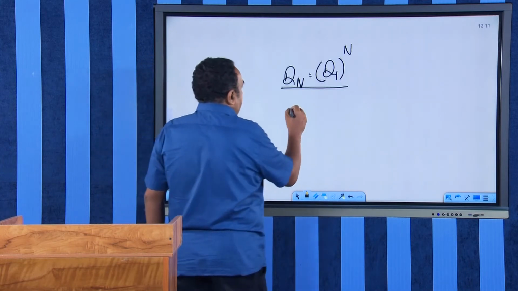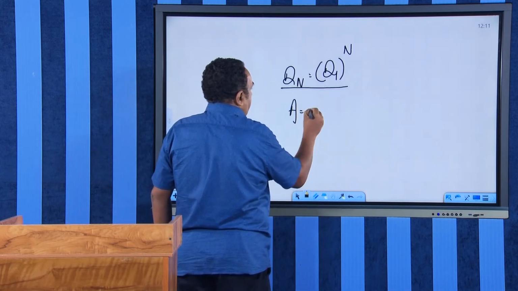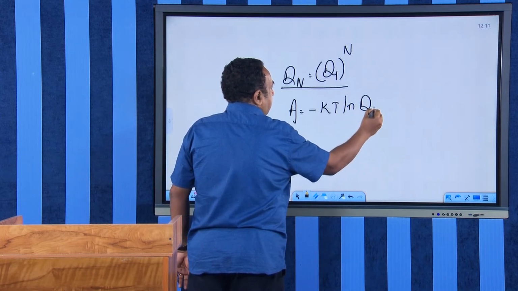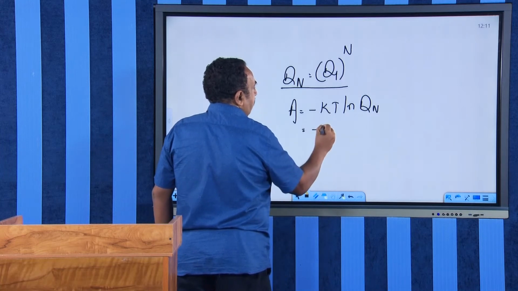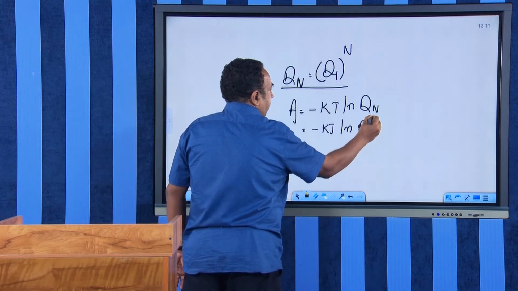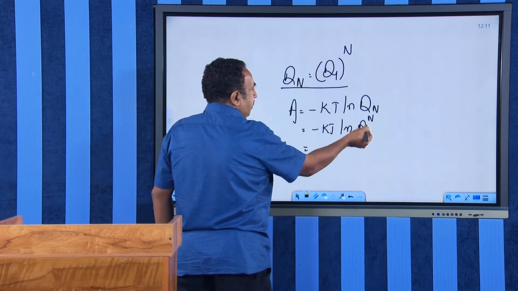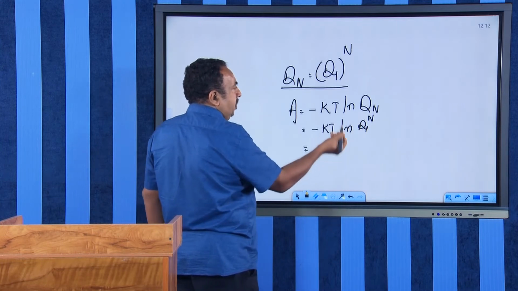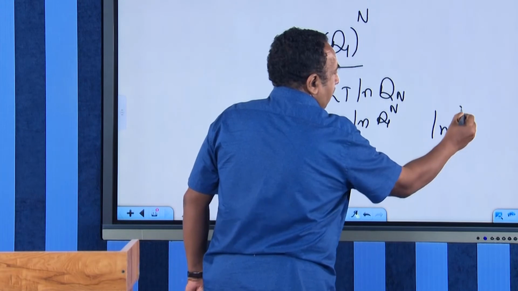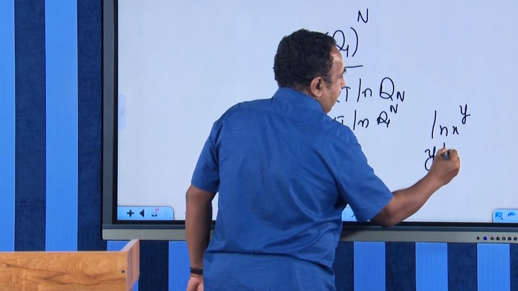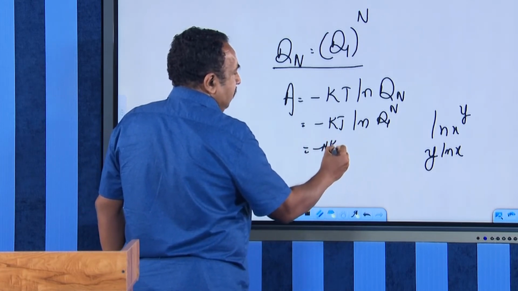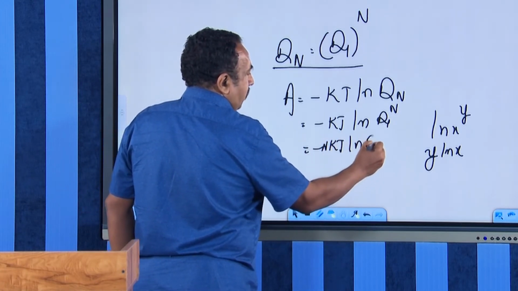The bridging equation will be A is equal to minus kT log QN, which in this case is minus kT log Q1 raised to N. By the principle that the logarithm of x raised to y is y log x, the equation becomes minus NkT log Q1.